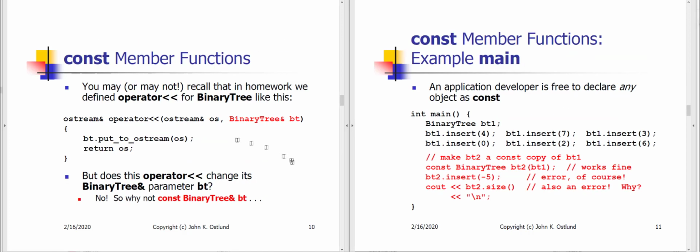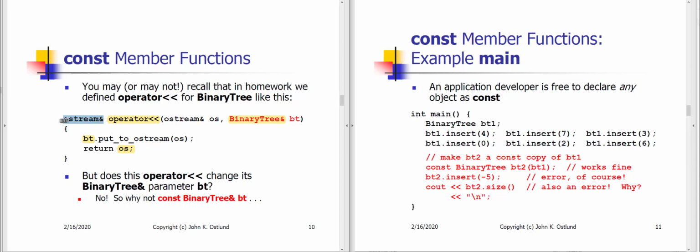Okay, so you may or may not recall that when we overloaded the put_to or insert operator for the OStream class as the left-hand operand and a binary tree as the right-hand operand, we passed in a reference to a binary tree object as our right-hand argument, and we then called on that BT object the put_to_OStream function, passing in the OStream parameter OS, and then we returned OS.